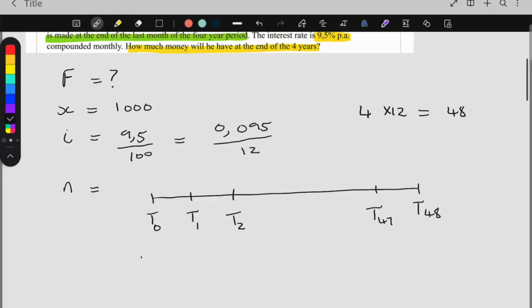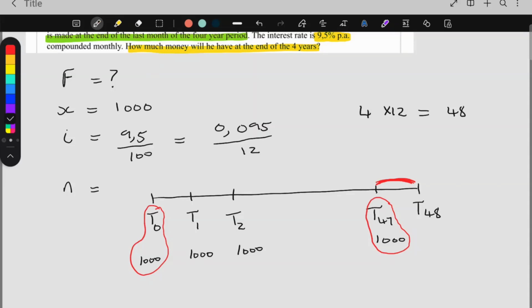So beginning of each month, there's 1,000. Beginning of the third month, beginning of the 48th month. Remember, this is the end of the 48th month, so over here, there's no payment. This will be our last payment, and this will be our first payment.